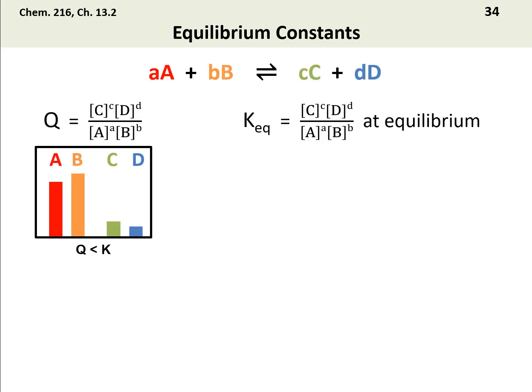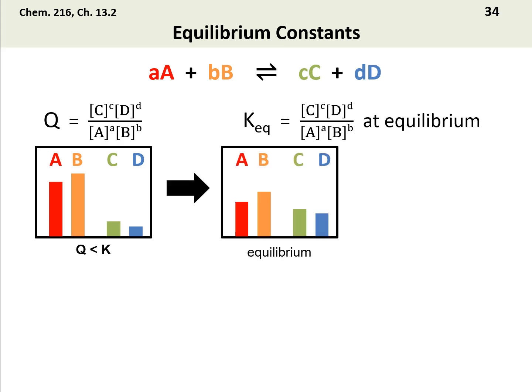Here's another visualization of this. Let's say that we have Q less than K, so we have more reactants than we should. Some of the B is going to go down, some of the A is going to go down. These are going to react, and that's going to form C and D. And now I'd be at a place where this is equilibrium.